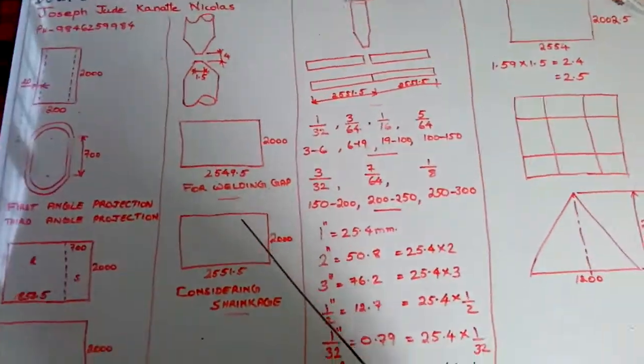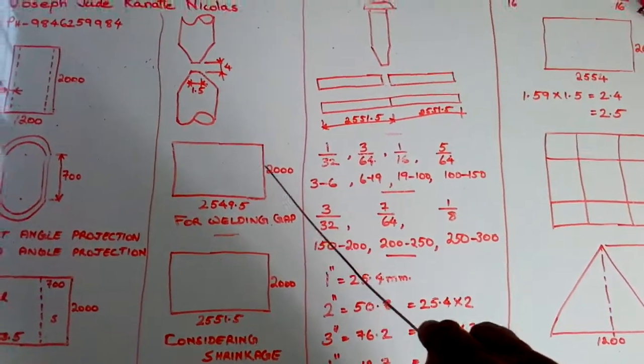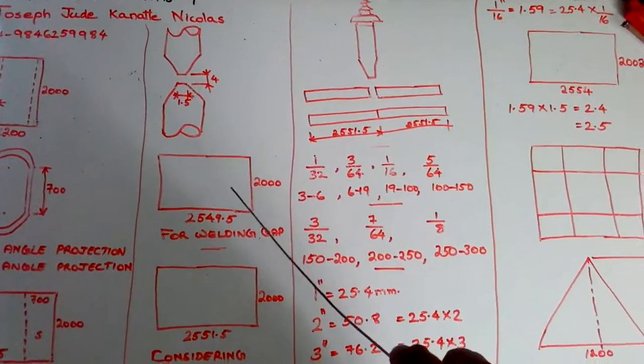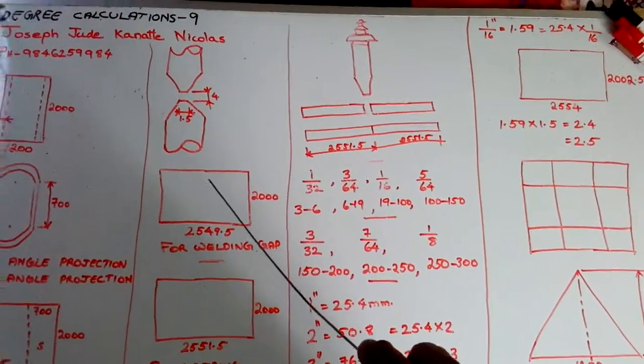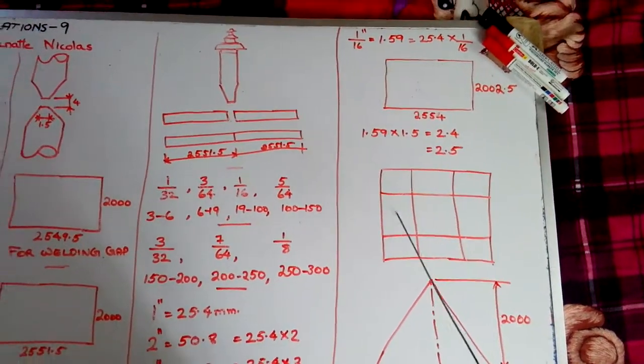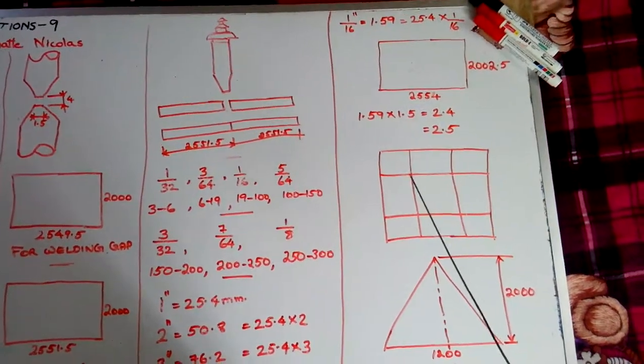So finally, if we give a welding gap, we will have to give 2549.5 into 2000, then we will get a proper measurement. If it is only one plate, in a bigger plate, we can mark this measurement and cut it outside.